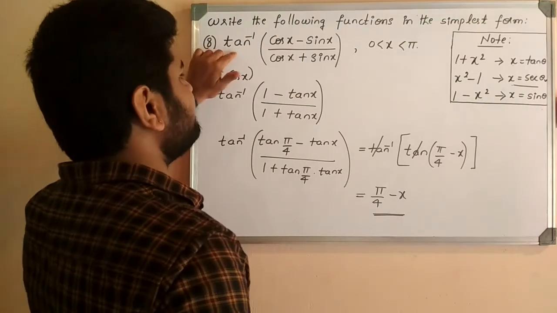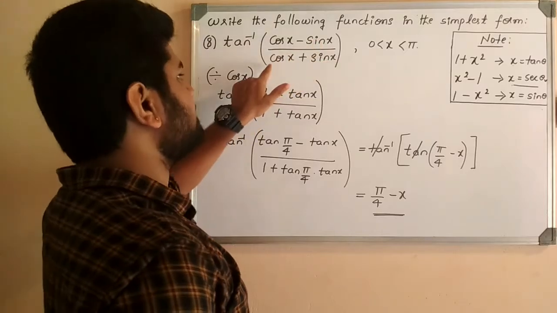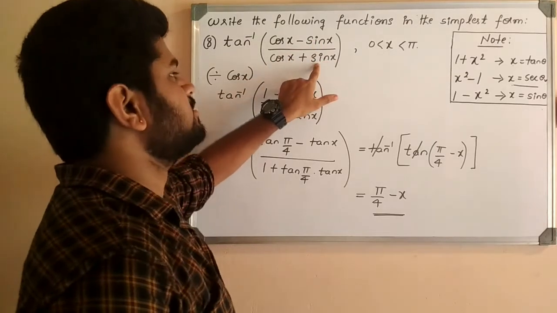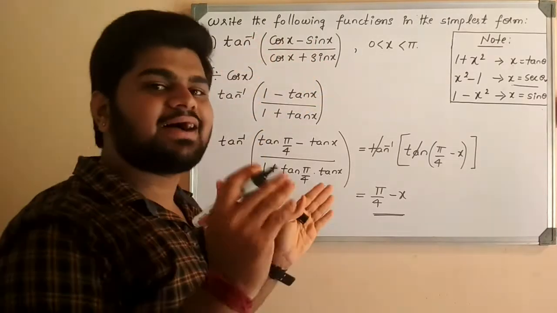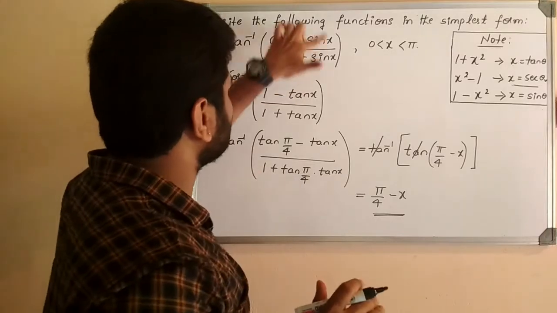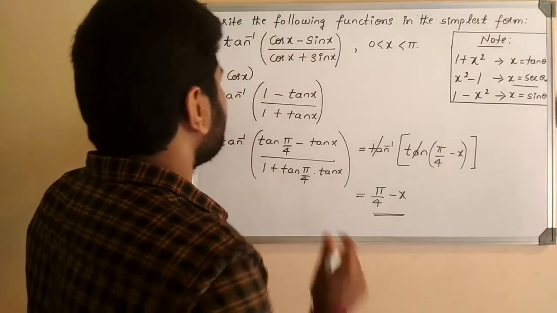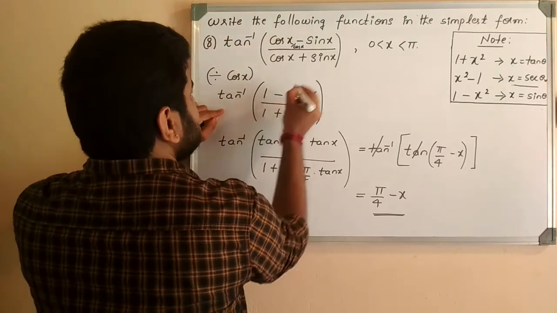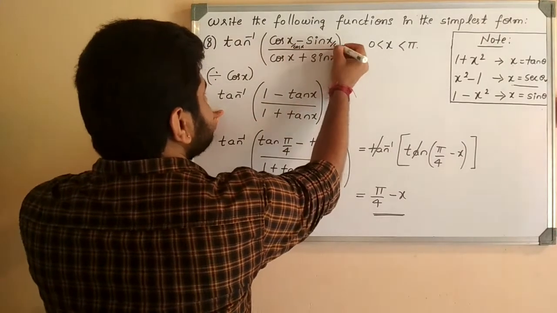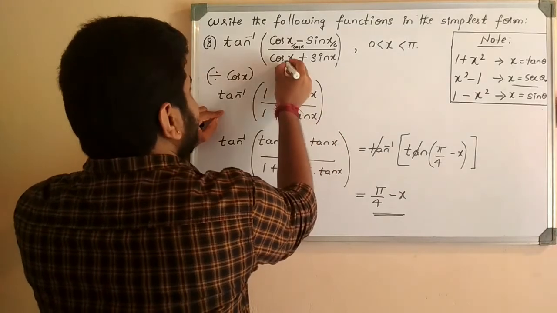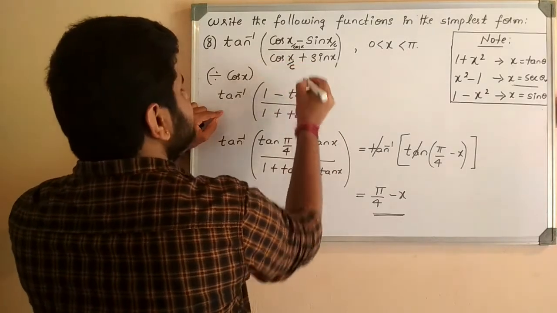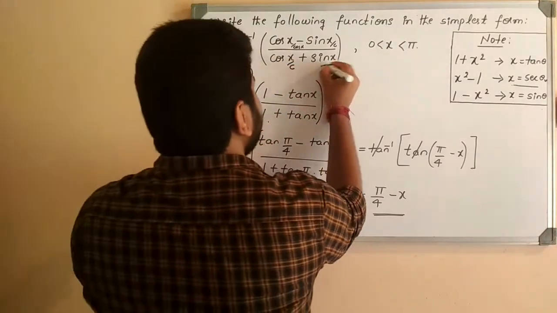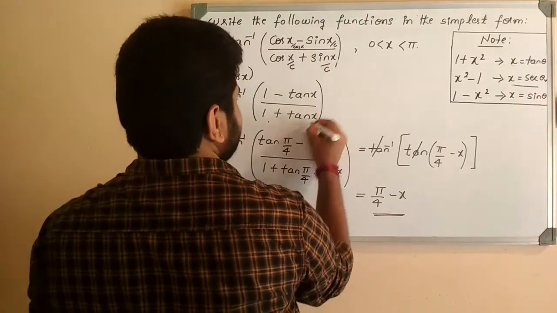Question number 8. Tan inverse of cos x minus sin x divided by cos x plus sin x. So here you have to divide it by cos x throughout. So tan inverse of cos x by cos x is 1, minus sin x by cos x is tan x, divided by cos x by cos x is 1, plus sin x by cos x is tan x.